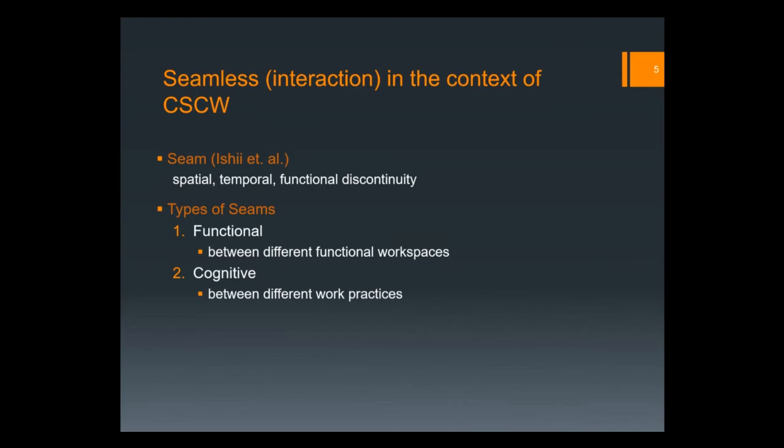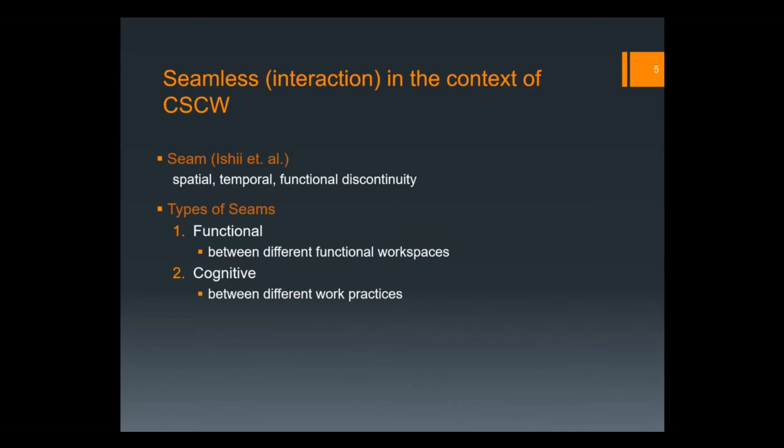Professor Ishii from MIT describes some of these. A seam is the English term for a disconnect, a discontinuity. In this case, interaction becomes spatial, and there is temporal and functional discontinuity, which I'll talk about in the next couple of slides. The type of seam is a functional and cognitive seam.